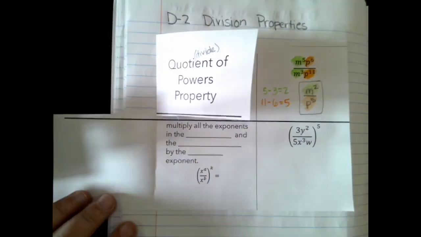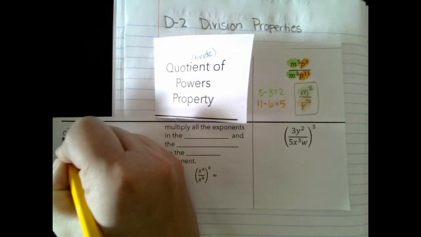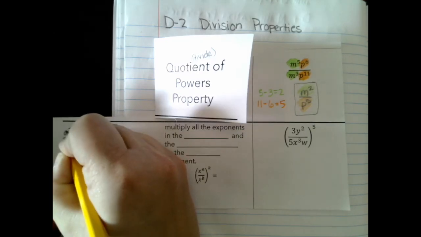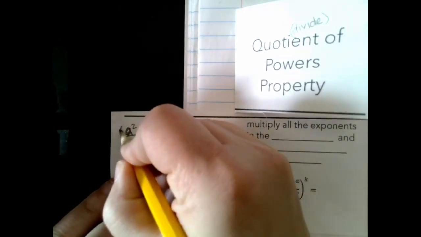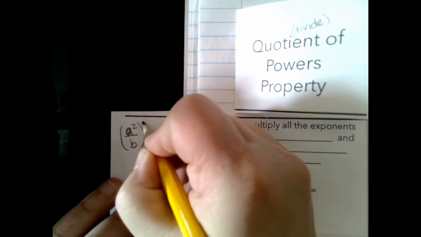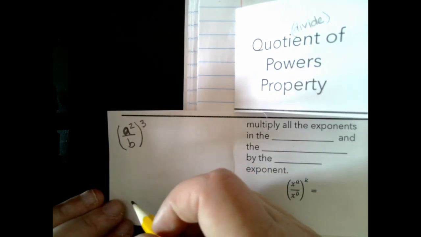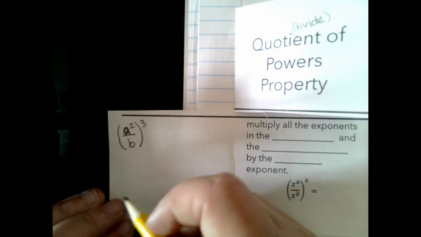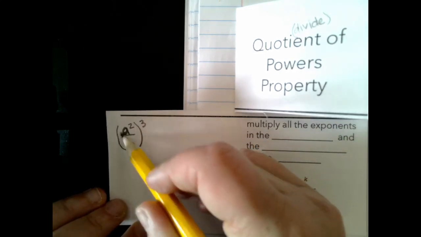All right, if I have a squared over b, all taken to the 3rd power, that would mean we're taking the inside amount how many times?